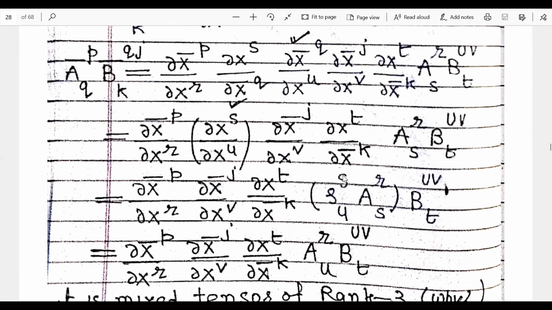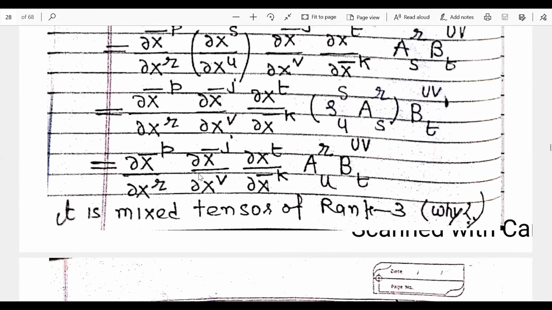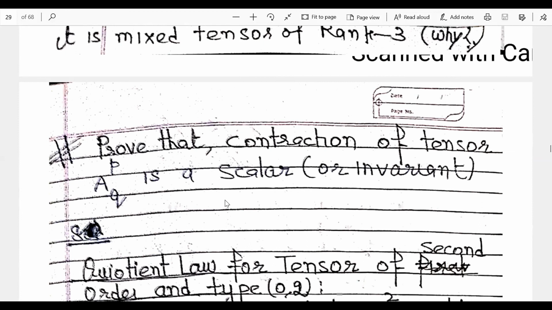We can attach it to the first, A^{rs}. When we multiply, s and s cancel each other, and the remaining is A^r_u into B^{uv}_t. So what is this? 1, 2 and 3. So it is a mixed tensor of rank 3, because it has 3 indices.